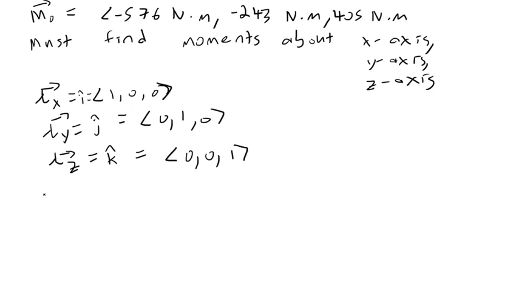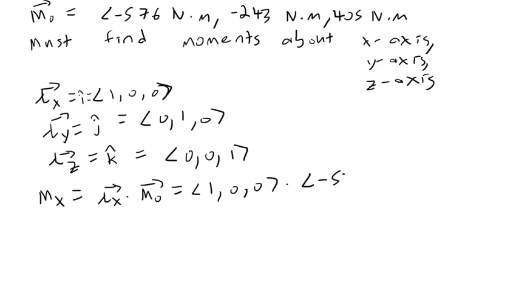And then the moment about x is going to be lambda x dotted into M naught, which is 1, 0, 0 dot negative 576, comma, negative 243, comma, 405.